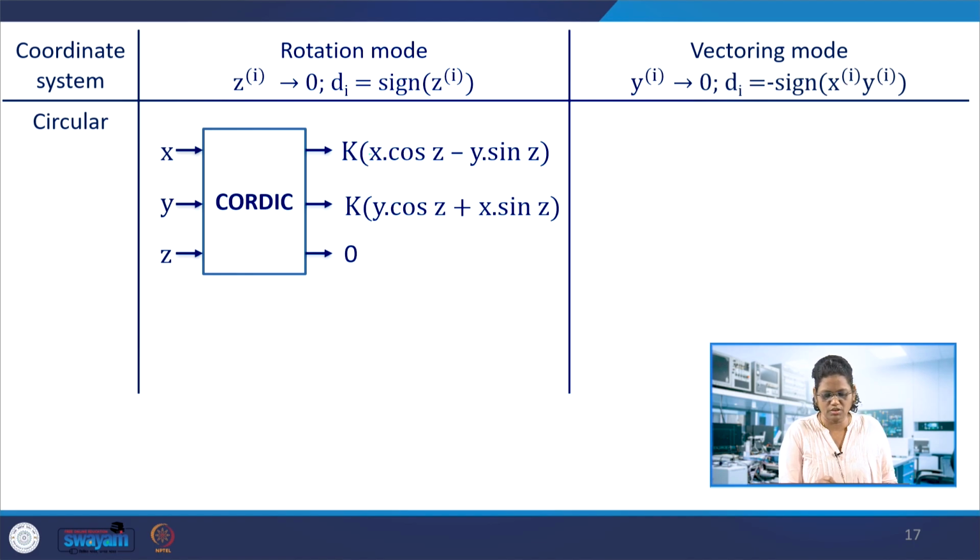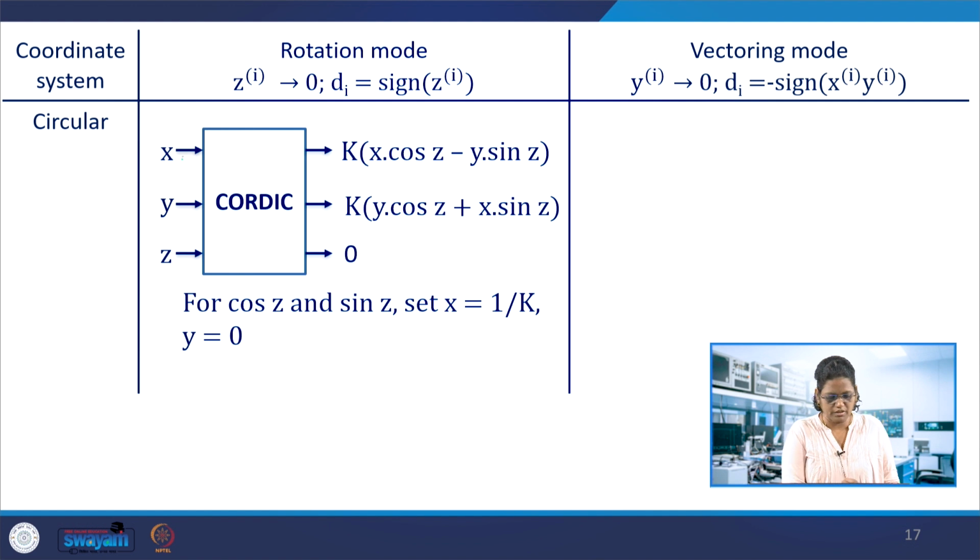The first output is K times (x cos z minus y sin z), and the second output is K times (y cos z plus x sin z). So if we want to obtain cos z and sin z, set x equal to 1 by K as we did, and y equal to 0. Then you can get cos and sin in the rotation mode.